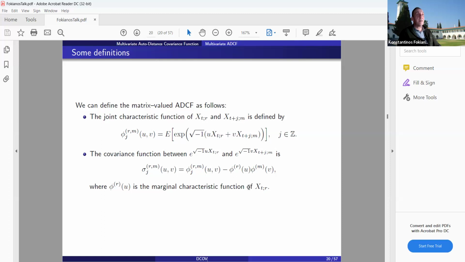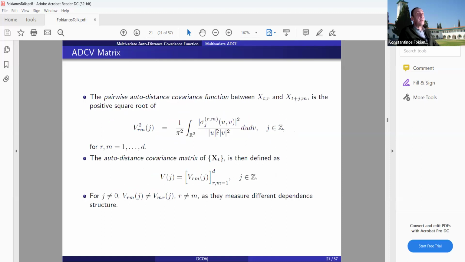Because of stationarity, F_R is the marginal characteristic function of X_t^R, and F_M is the marginal characteristic function of the M series. So we get two series at different times, and we find the distance covariance function between them. We find this quantity, and then naturally we can integrate.